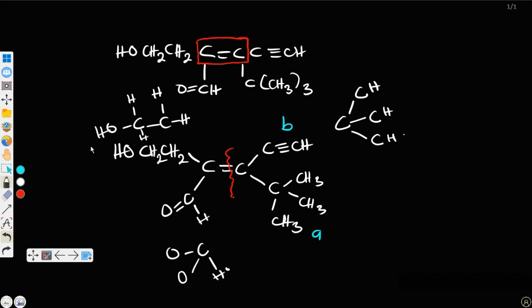OH. So which of them do you think will have the higher priority? This carbon here is bonded to 2 oxygen. While this carbon here is bonded to what? 2 hydrogen. Of course, if you cannot use carbon to determine the priority, you are now going to use oxygen and what? Hydrogen to determine the priority. This oxygen has a higher atomic number than what? Hydrogen. So it means this one will be A, while here will be what?